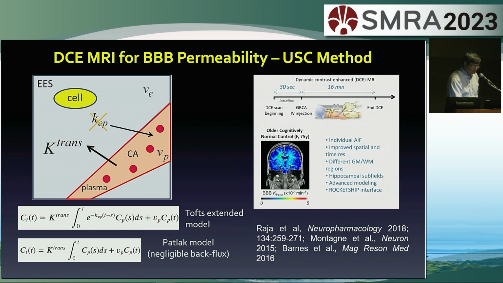This is a typical protocol we use at USC with a 30 second baseline followed by a 16-minute dynamic scan, and 30 seconds just to get a T1 map.